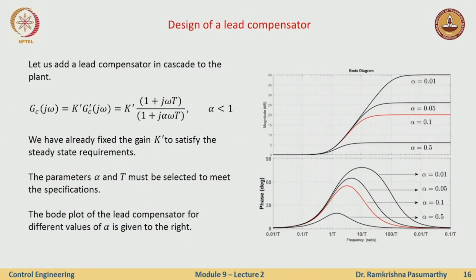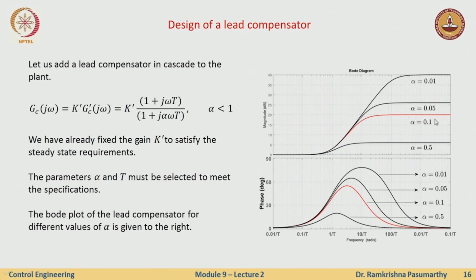Now let us do some experiments to design a compensator which looks like this. The only information I have is that alpha is less than 1 and I know the k prime which gives me a Kv of 40. We want to select alpha and T in such a way that we meet the desired specification.